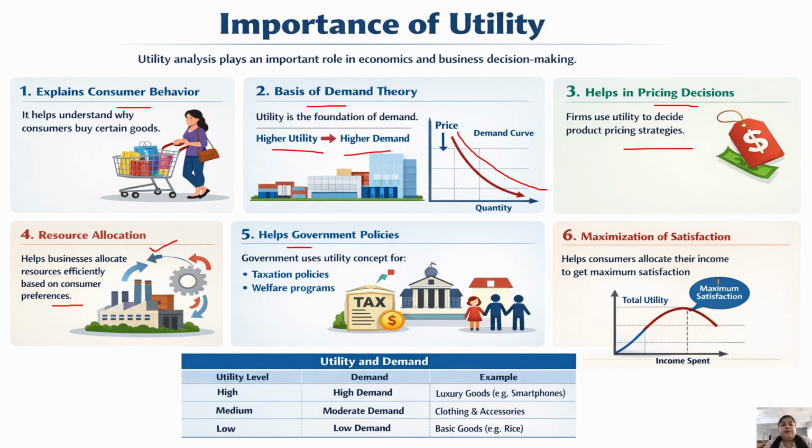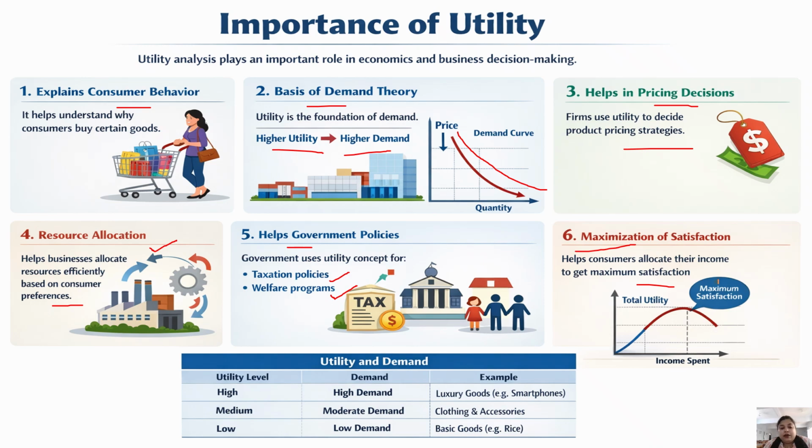Again, it helps government policies, because government uses the utility concept for taxation policies and welfare programs. The next is maximization of satisfaction. As you know, utility helps consumers allocate their income to get maximum satisfaction. We have already seen this in the TU and MU diagram.